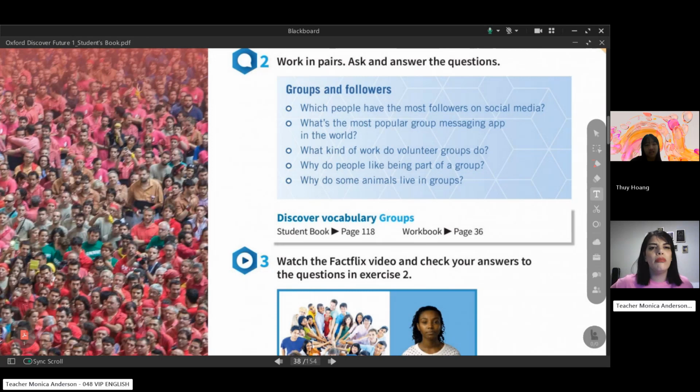For example, Skype, Instagram, Facebook, YouTube, they are social media. So people use them to communicate, to share videos, to share photos, and to share some news. Okay, so this is the meaning of social media.